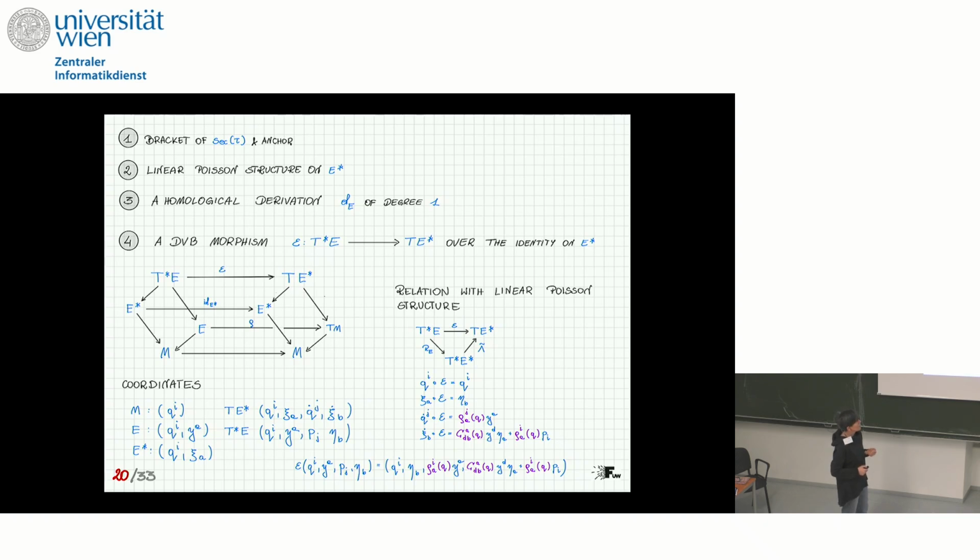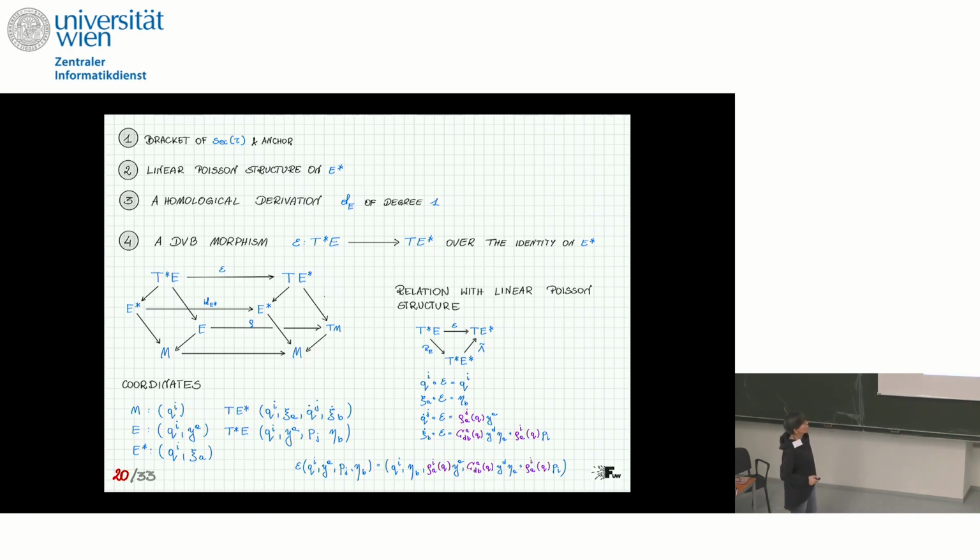Since we know that T star E and T star E star are always isomorphic, we can compose this epsilon with the isomorphism, then obtain a bivector, then obtain a map coming from some tensor. The linearity gives us that this comes from some linear tensor. And then we can say, okay, this represents an algebroid when this represents a Poisson tensor. So this may be cheating a little bit, but it is effective.